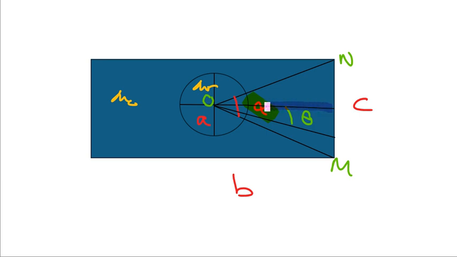and we have this bisector, which dissects the angle into equal angles, alpha over 2 and alpha over 2.